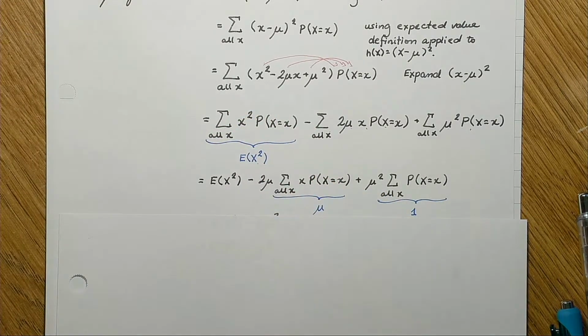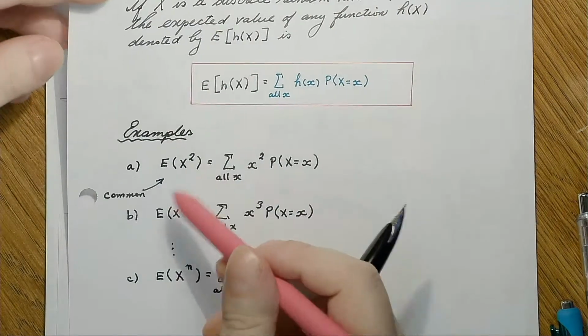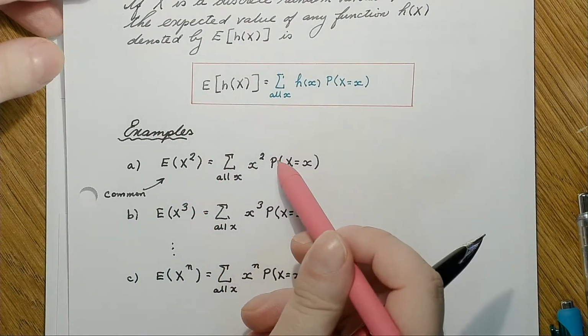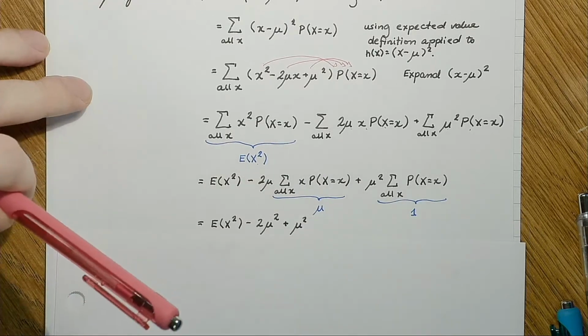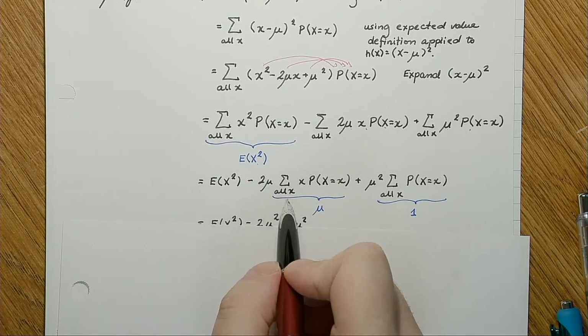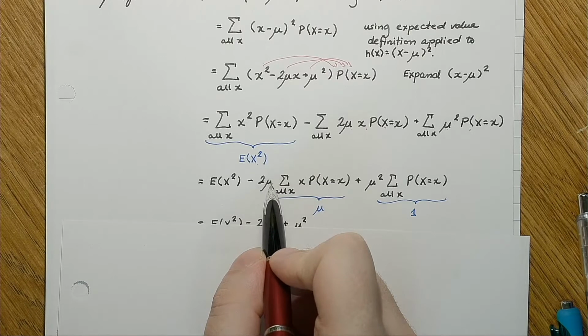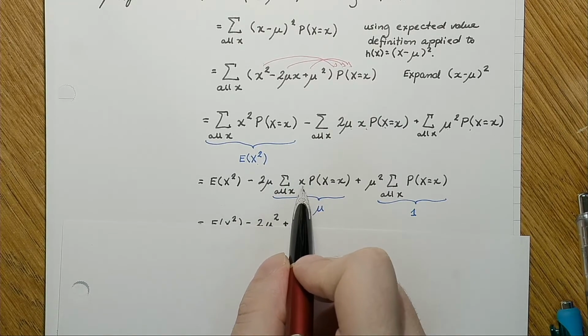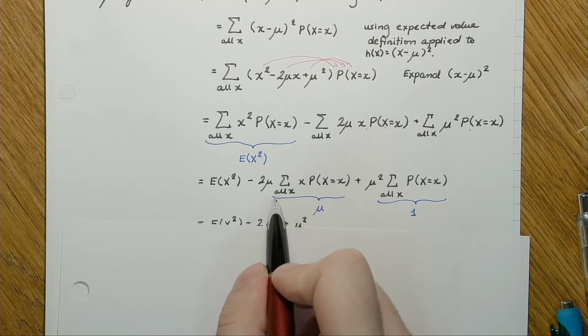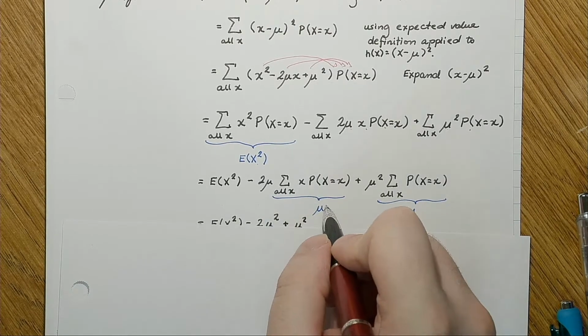We had done that previously, from our previous notes. Right through here, the expected value of x squared, there it is. And then here, the 2 mu can come out in front of the sigma. That doesn't affect the summation. So all that we're concerned about is x times its probability. So that's mu, or the expected value if you prefer.